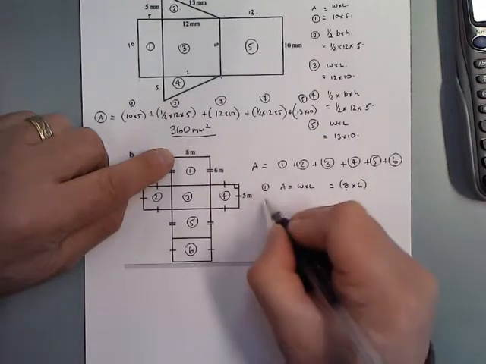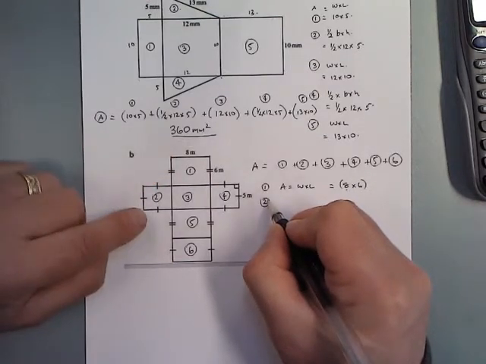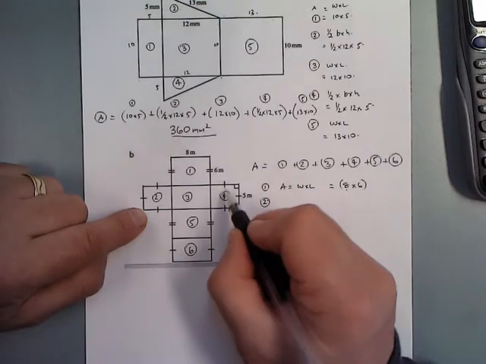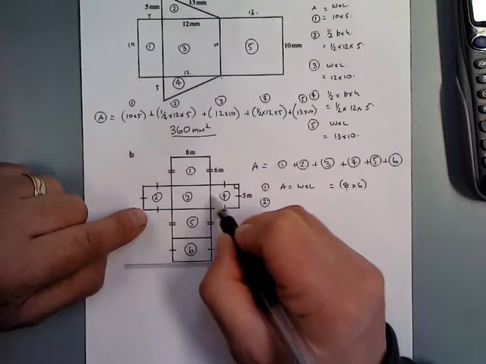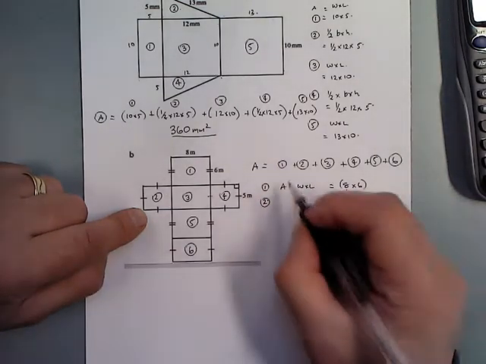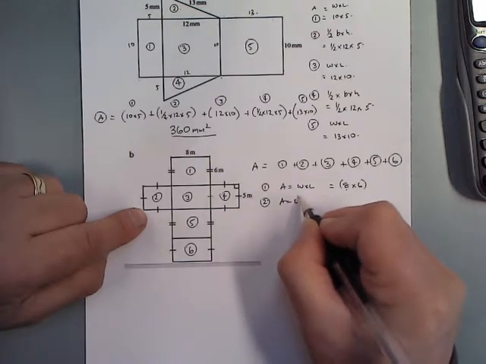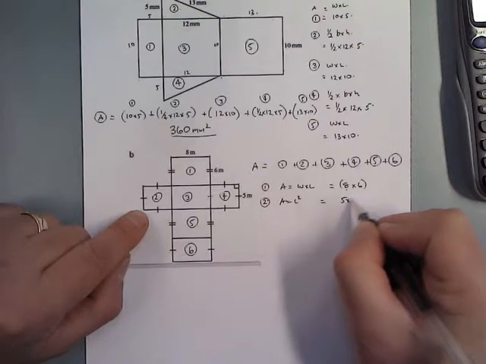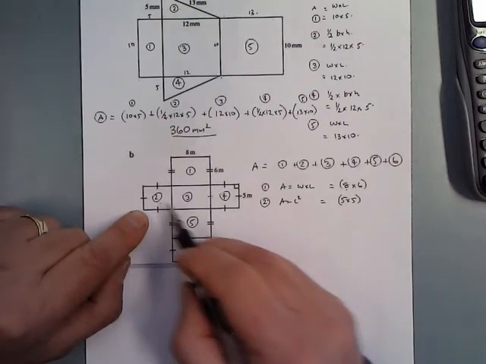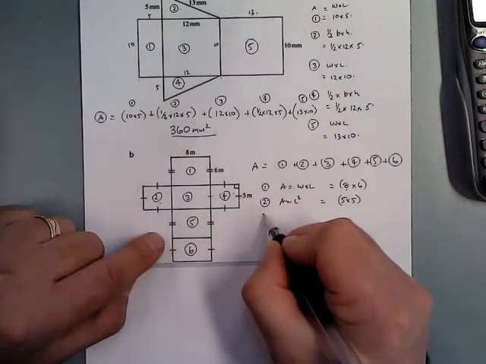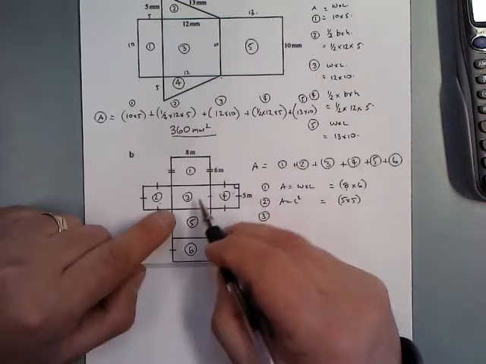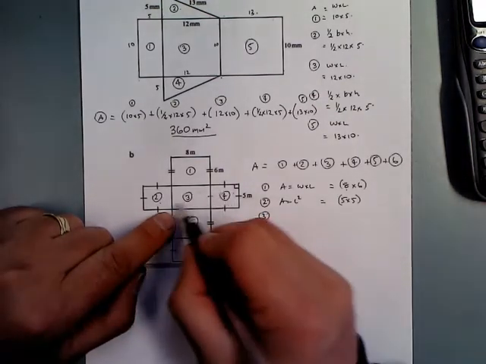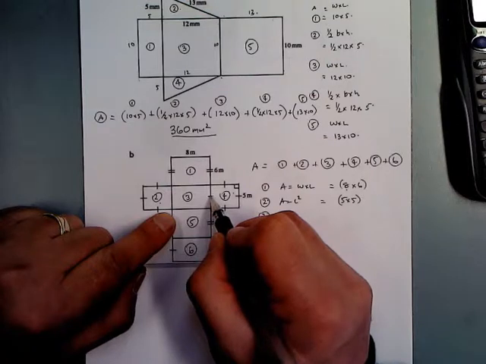Area 2 looks like it's a square. Now these lines indicate that they are all the same length. So this area here will be L squared, which is 5 times 5. That square and that square are the same. Area 3 is a rectangle and looks like that there is 5 and that will be 8.